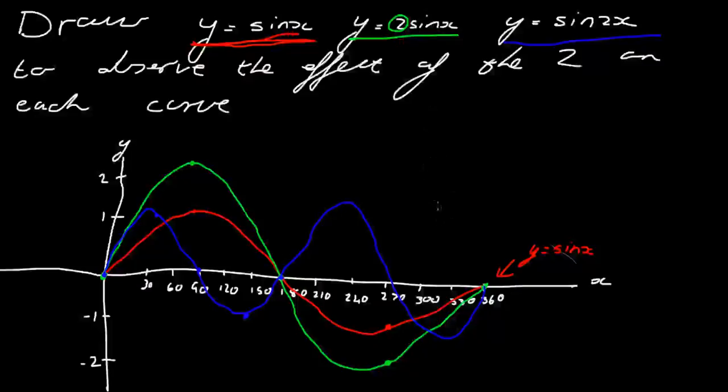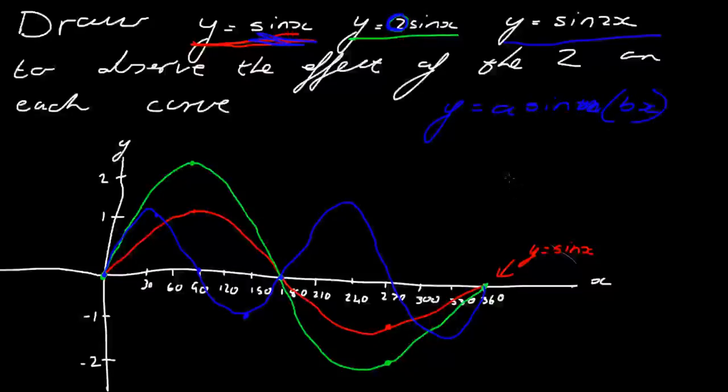So the question asks, observe the effect of the 2 on each curve. So basically, with trig functions, so here is your standard sine, and this applies for the standard cos and standard tan. The number in front, so let's do this: y equals a sine bx.